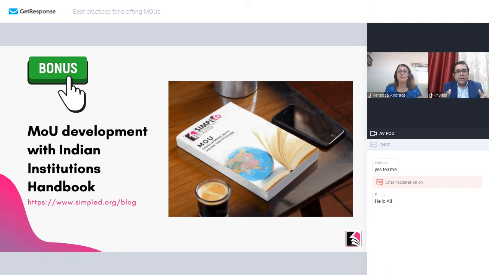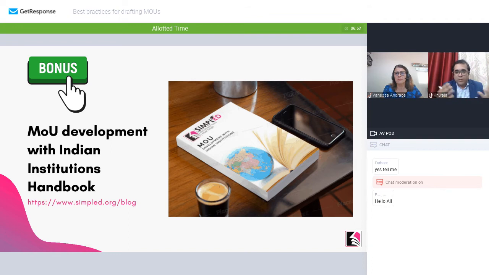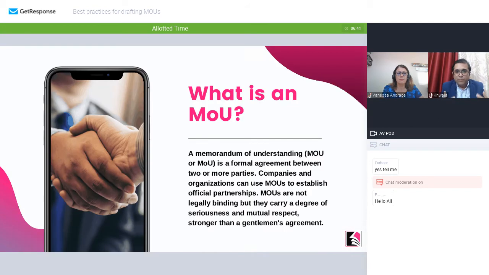It is a handy reference material on the Indian higher education system, on the international higher education system, on some types of collaborations, and it also talks about some regulations, of course with the India perspective. So it talks about the UGC regulations and AICTE regulations. Of course, we need not forget that the new education policy that I was talking about is a framework document, and there are a lot of changes that are proposed, and hopefully those changes will be implemented very soon.